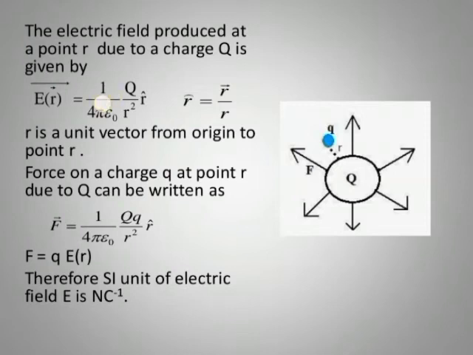Substituting this value in this equation, you get F is equal to qE. Therefore the SI unit of electric field is Newton per coulomb. So what is the SI unit of electric field? It is Newton per coulomb, and you can also write it as volt per meter.